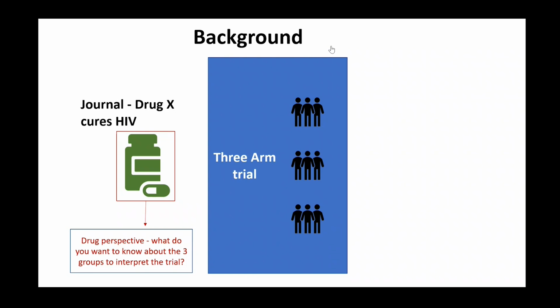What would you want to know about drug X if you are reading a paper on drug X and HIV? Okay, so groups are similar in type of person, yes. But what about the drugs? So let's leave the people. What would you want to know from a drug end? What about the drug?